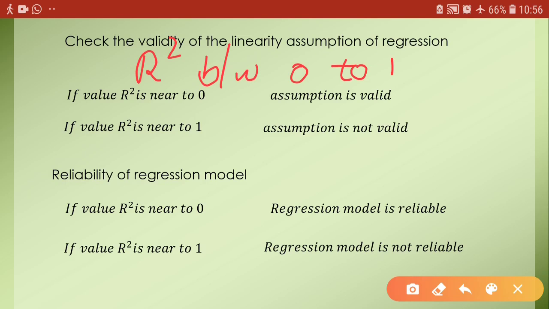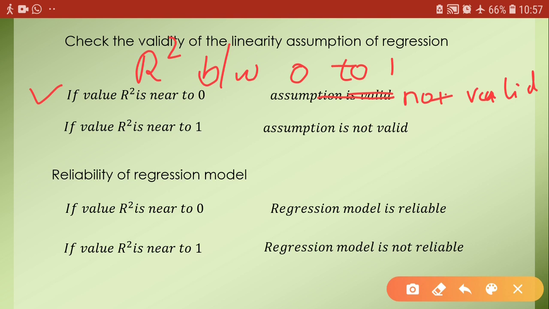Now if your r square is near to 0, say for example you got r square equal to 0.2, then your assumption is not valid.